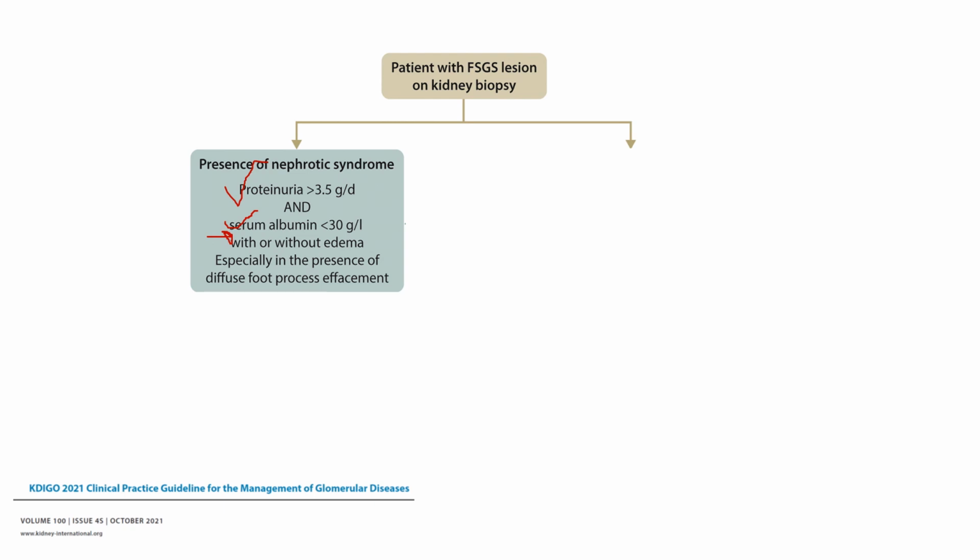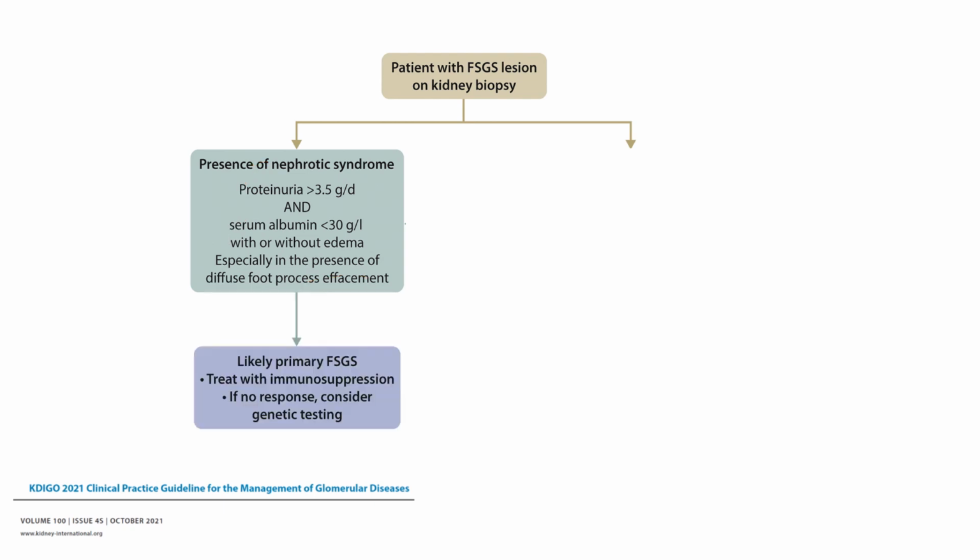Edema is not mandatory for the diagnosis of nephrotic syndrome in FSGS, and there is a diffuse effacement of foot processes. So this is likely to be primary FSGS, and this patient should be treated with immunosuppression. And if no response to immunosuppression, you have to consider it as genetic FSGS.